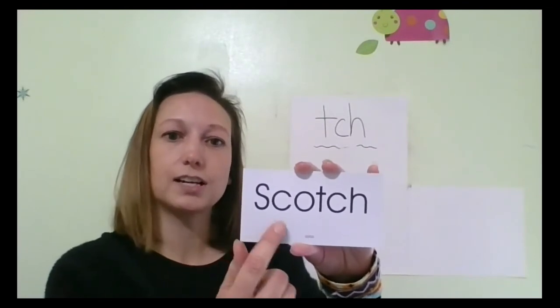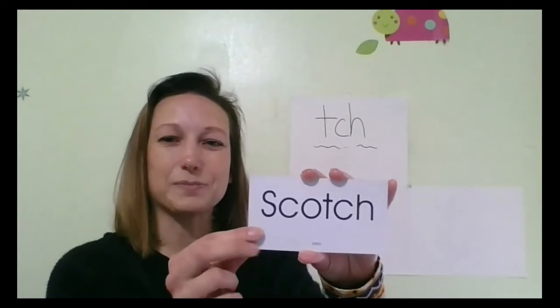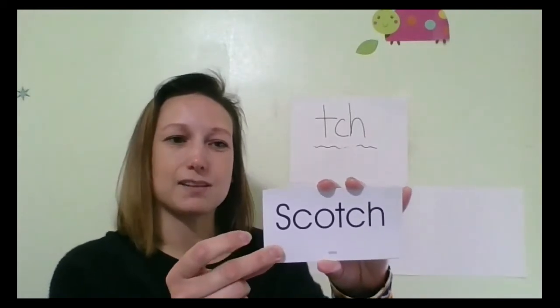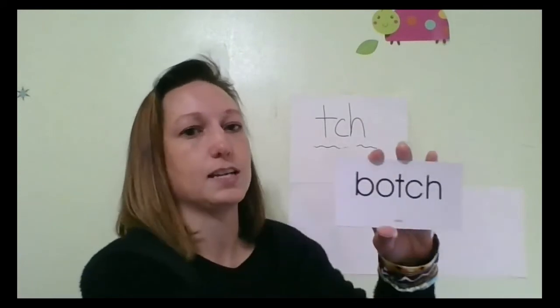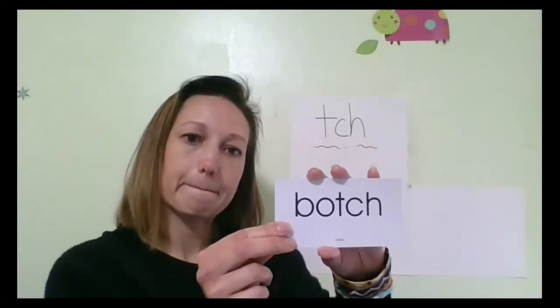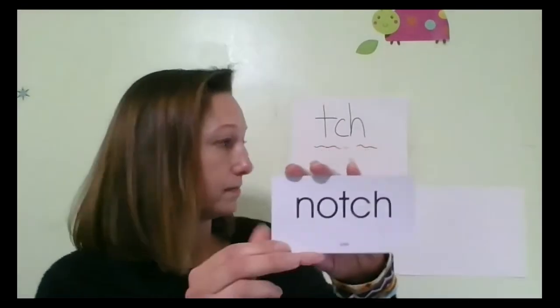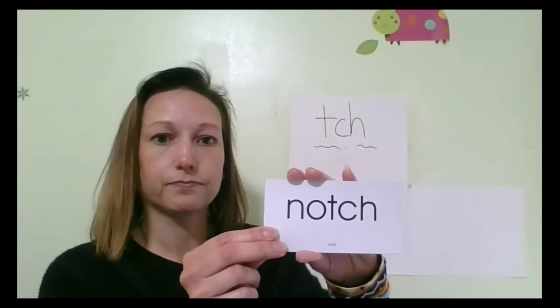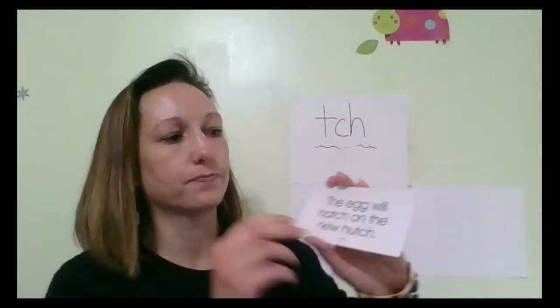Scotch. And this S tells me it is a name. It'd be like Scotch tape, specific name. Botch. If you botch something, you mess it up. I think this word was in there twice. Notch.